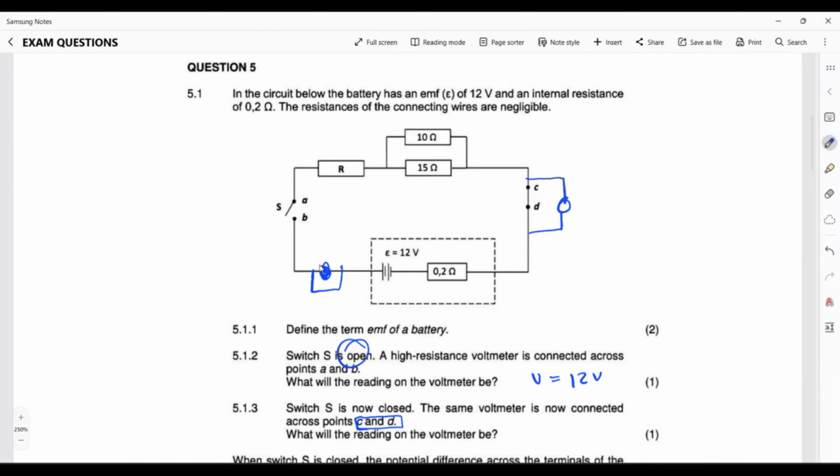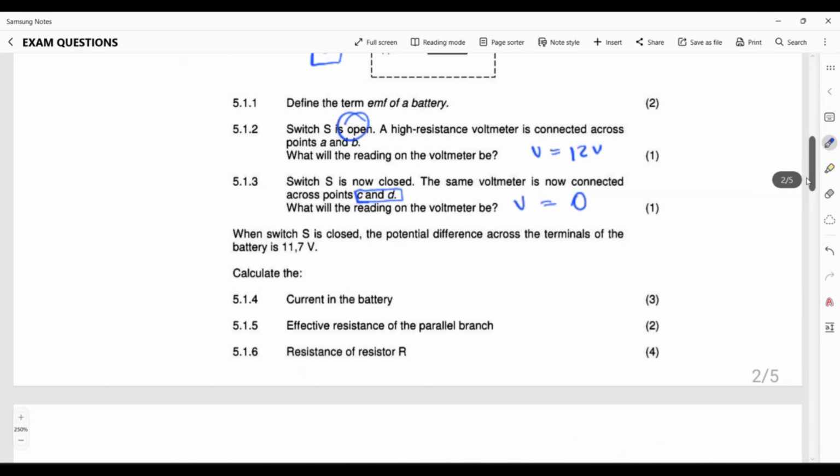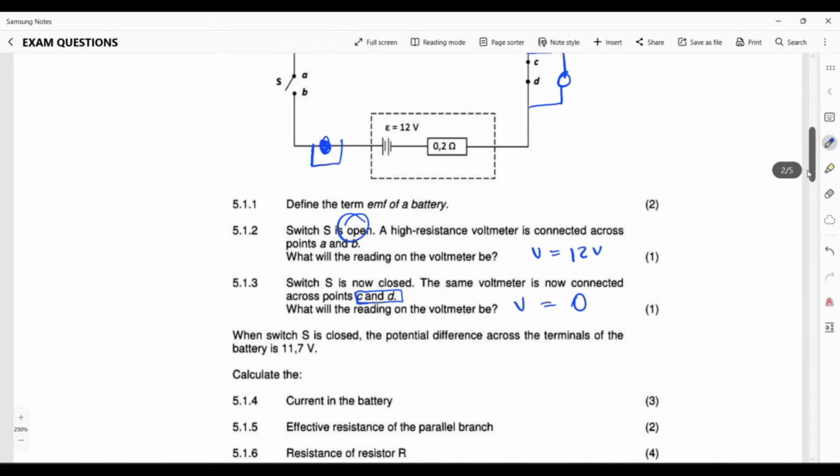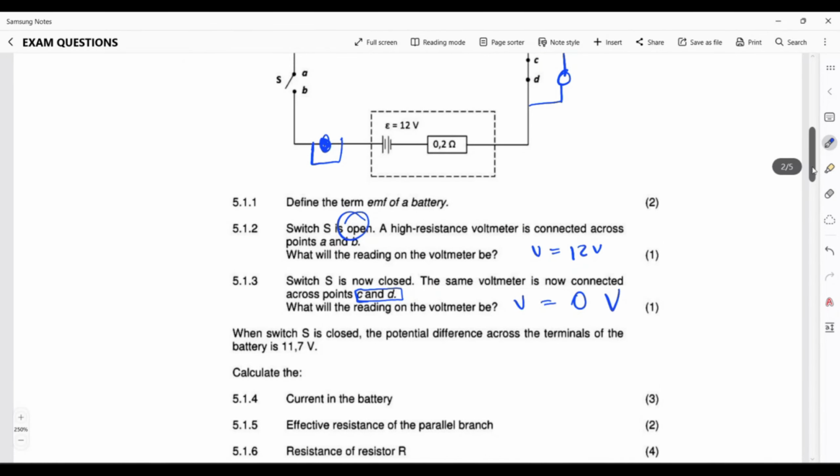So the voltage that we read here is actually going to be 0, because there is no device that we are measuring at all in that case. There's no potential difference in that case. And yeah, that's 0 V over there.